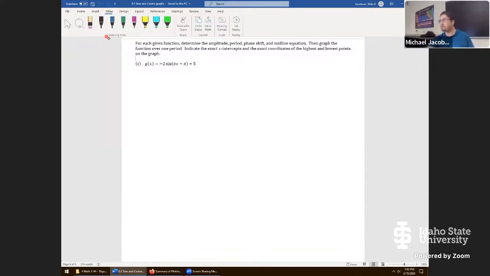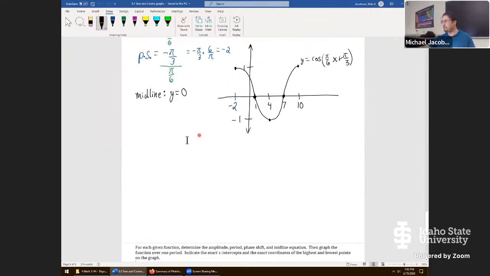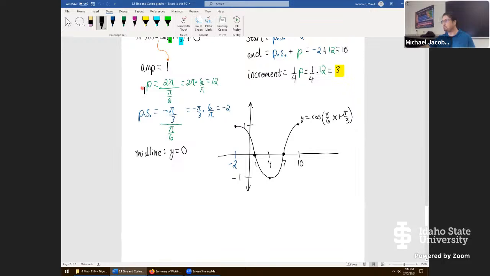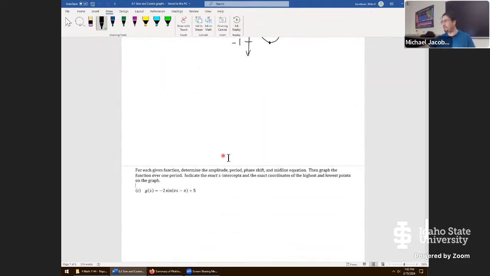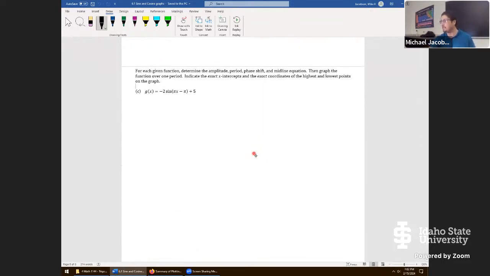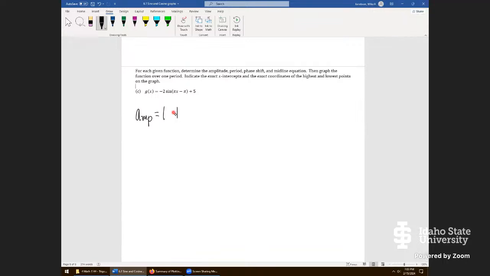We want an amplitude to begin with. Let me remind myself what colors we used. Okay, we'll use green and blue for period and phase shift. Let's keep that consistent. To start, for amplitude, it will be the absolute value of something. Any volunteers for what coefficient goes in there? -2. Good call, Hayes.